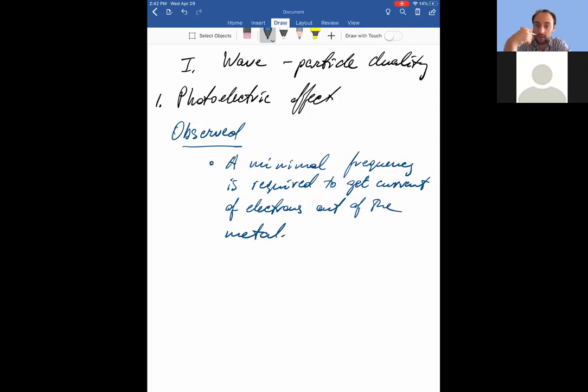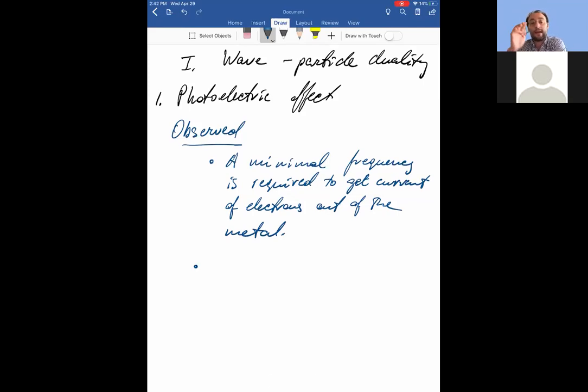That's not what you would expect because you are putting more energy in. Second, for light above this frequency, increasing intensity, and therefore also increasing the input energy, did not increase the energy of liberated electrons, but it did increase their number.